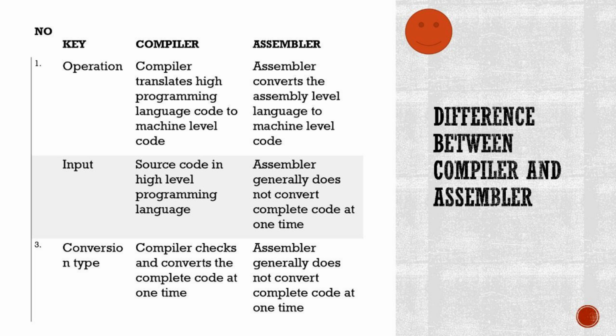The input of a compiler is source code in a high-level programming language, but an assembler generally does not convert complete code at one time. Number 3 is conversion type. A compiler checks and converts the complete code at one time, but an assembler generally does not convert complete code at one time.